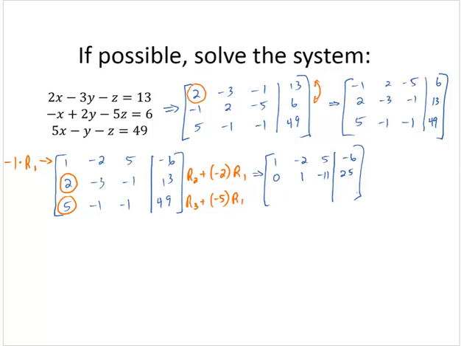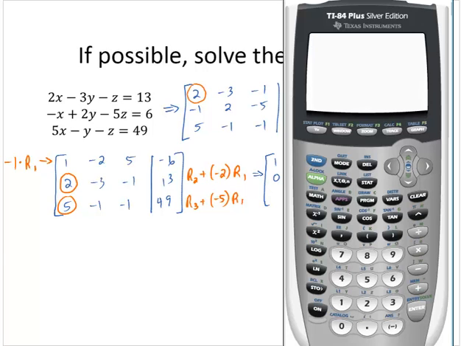So if you have a calculator, what you can do, so that row operation was row 2 plus -2 times row 1, I can input row 2 as an array. If you hit second and the left parenthesis, you can now type in row 2, so that's 2, comma, -3, comma, -1, comma, 13. Close off that array.